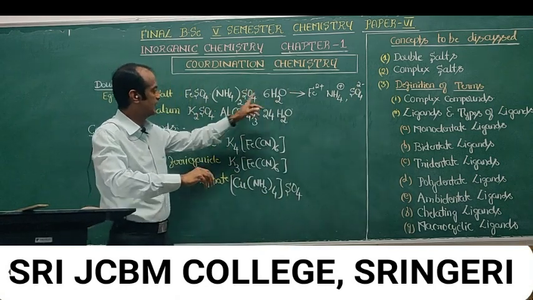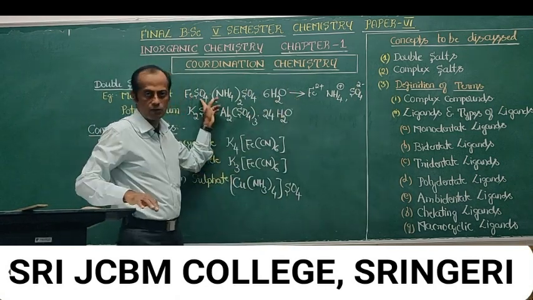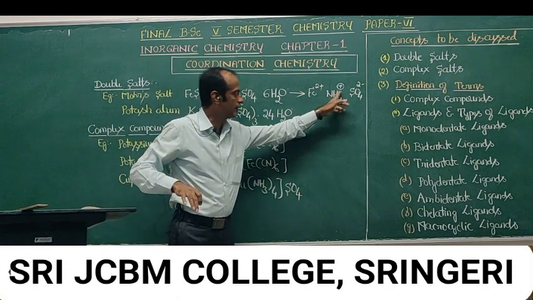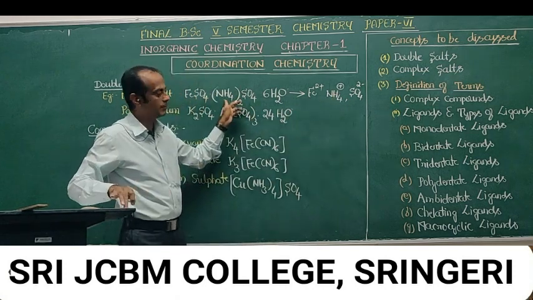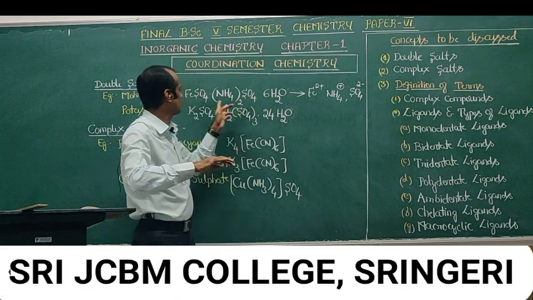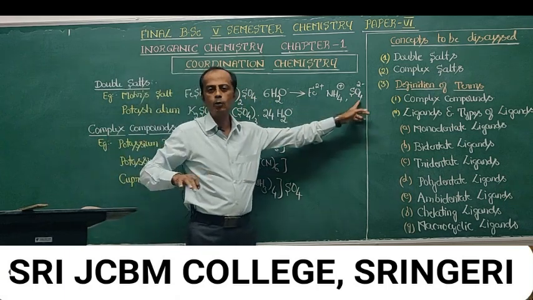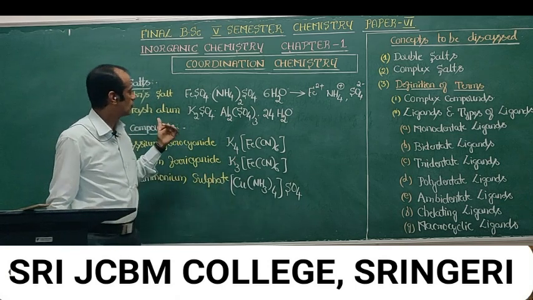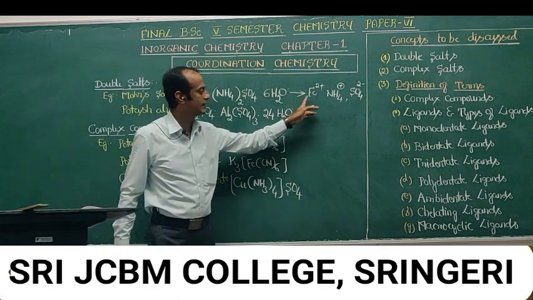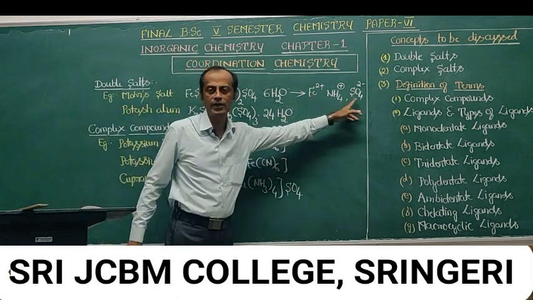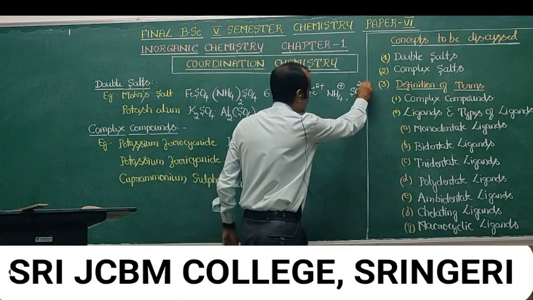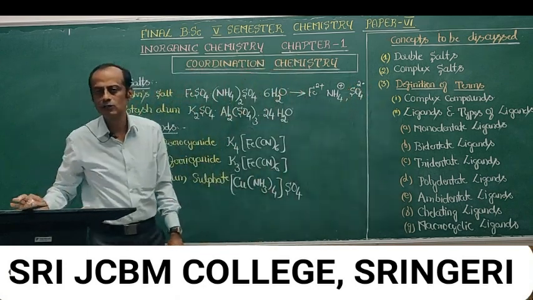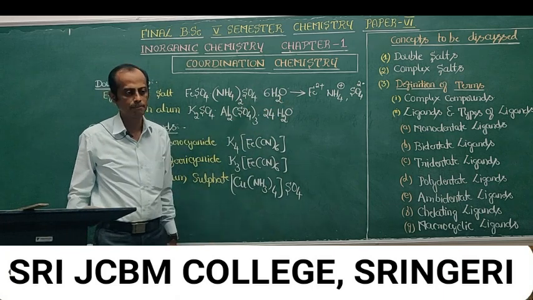Ferrous ion is formed by the ionization of ferrous sulfate, ammonium ion is formed by the ionization of ammonium sulfate, and sulfate ion is obtained from both. Or in other words, double salts lose their identity in the solution.